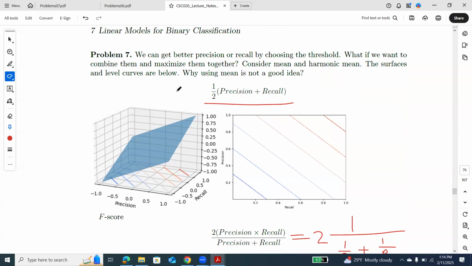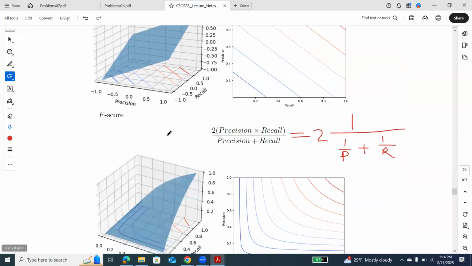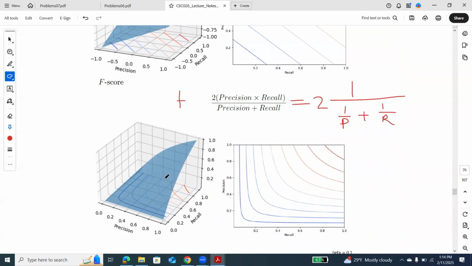You can think about this as a function of two variables, precision and recall. When you visualize this function of two variables, in the first case it will be just a plane, and in the second case this function will be a nonlinear function. And here is the visualization of this surface.